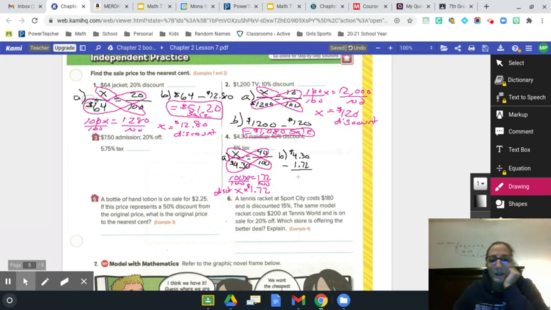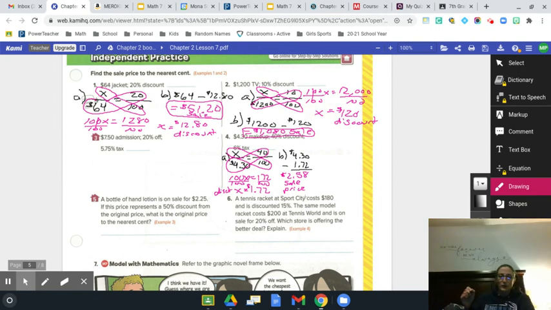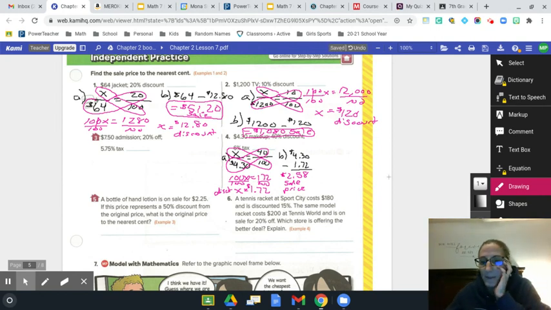This here is going to be your sale price, so let's subtract that out. And so that gives you $2.58 sale price. Okay, first 2 steps are done. So the makeup's on sale for $2.58.